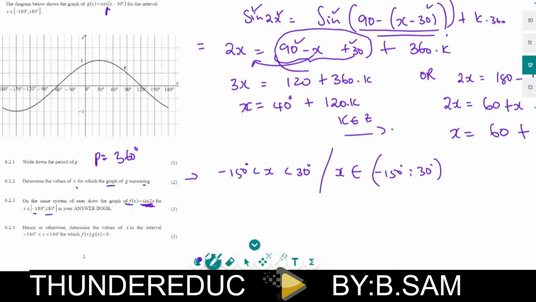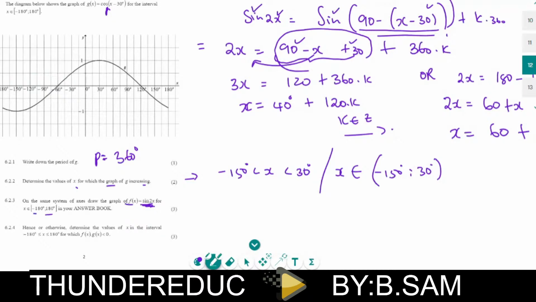And then for g of x, I'll ignore it. I'm starting from negative 180. Negative 180 for the start. Then press equals. The end is going to be positive 180. Then equals. Now my step. When you look at this graph, it's from 0 to 30, then to 60. So I'm going to use a step of 30 degrees.